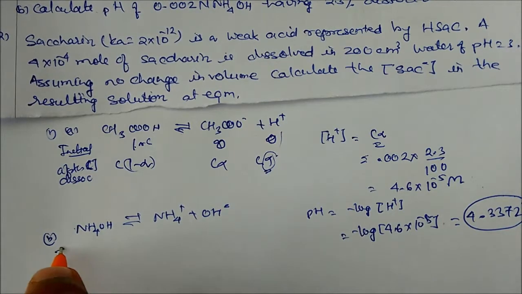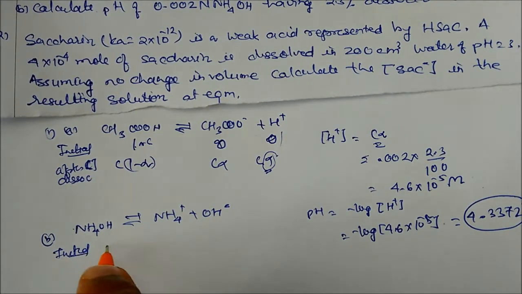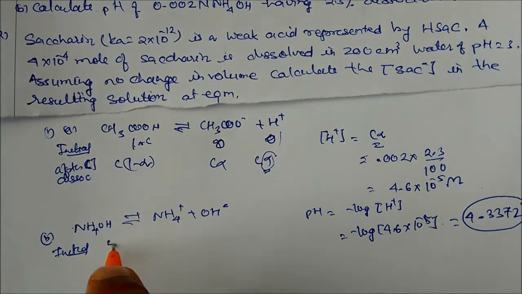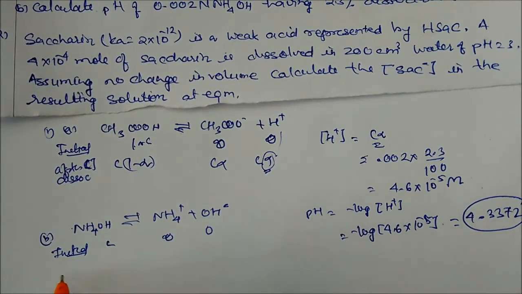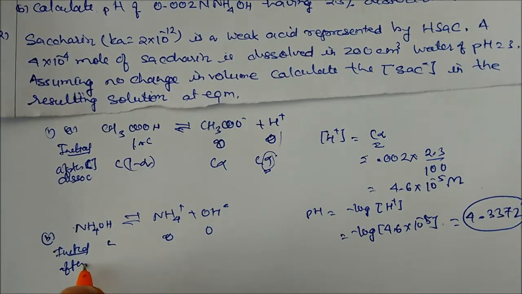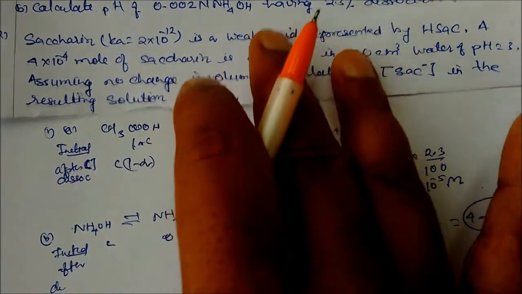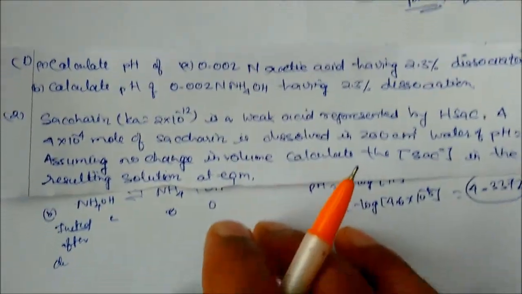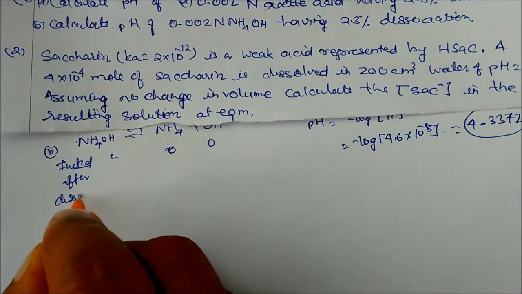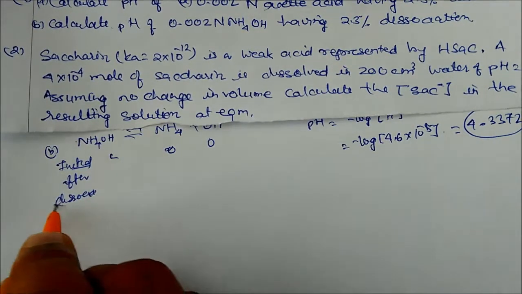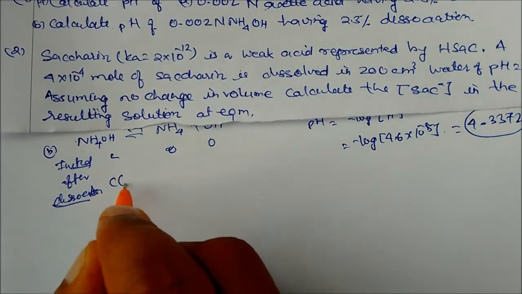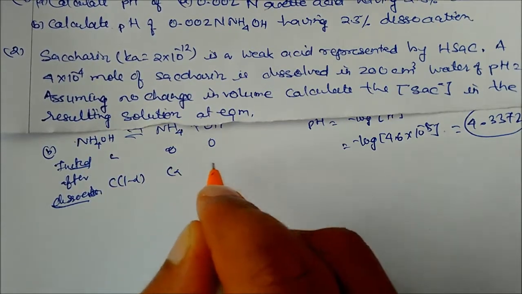The initial concentration is C and 0 for the ions. After dissociation, it will be C into 1 minus alpha for the base, and C into alpha for each ion.